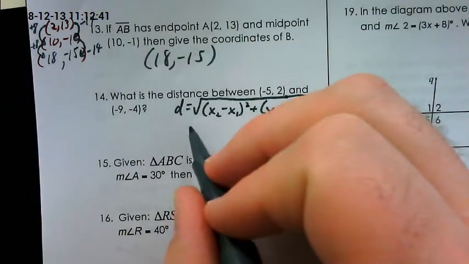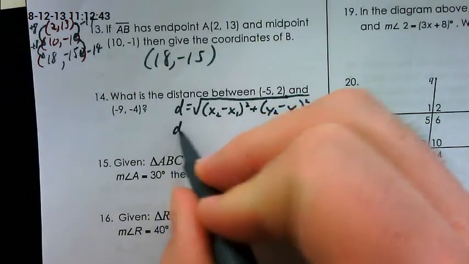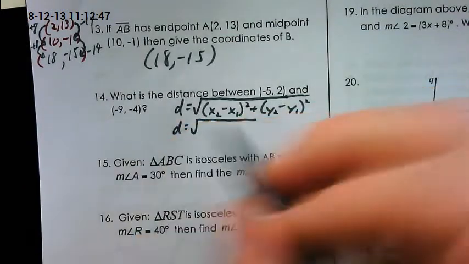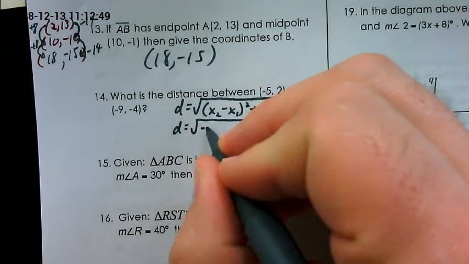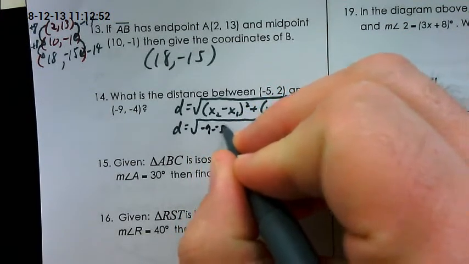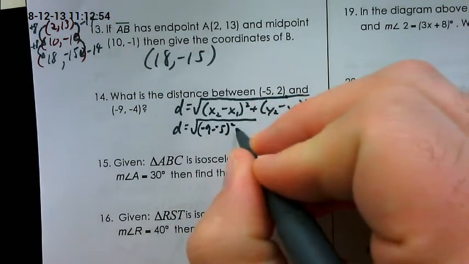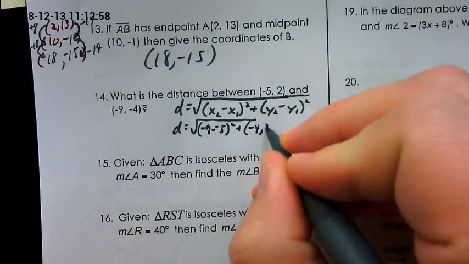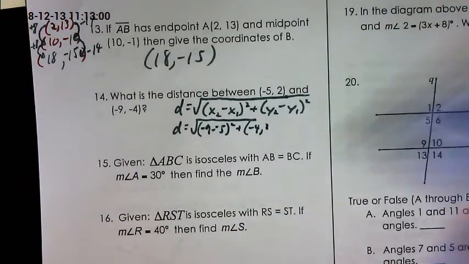So plug in. We have distance equals the square root of, 5 and negative 9, we can plug in for the x values. Plus, we got the negative 4 and the 2. Minus, not comma.